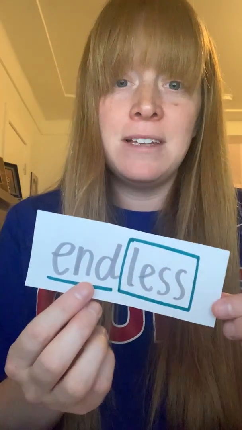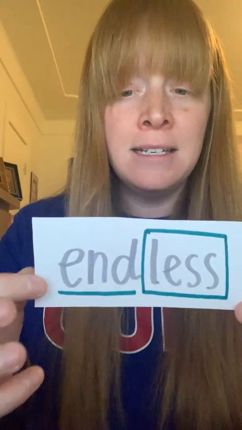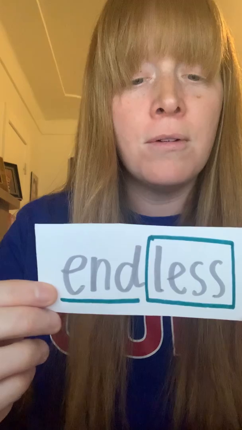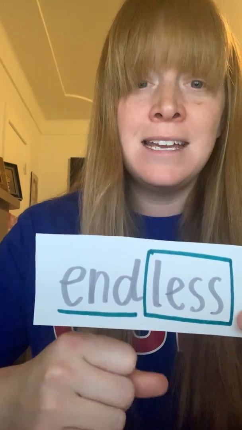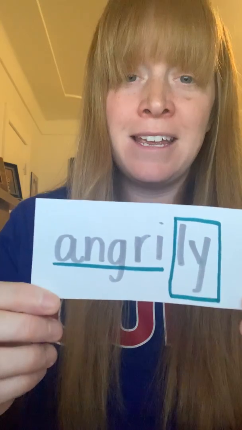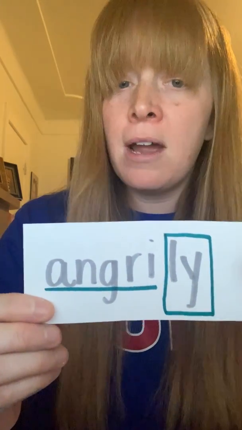The next one we have is endless. End is our root word because it can stand alone. Less means without. So if something is endless, it is without an end. Next we have angrily. Angrily, we remember ly means in a certain way.